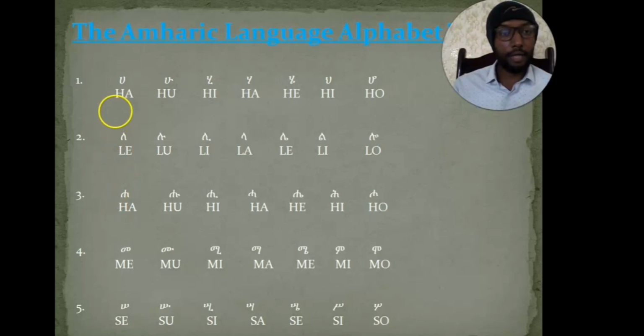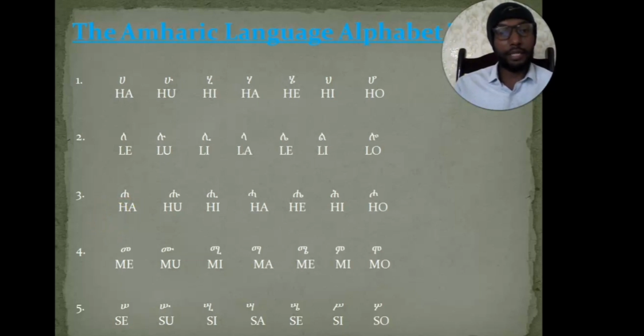But in order to differentiate them, they have specific names. The first one is called Haletau Ha, whereas the third one is called Hamaru Ha. But both of them are Ha, okay?